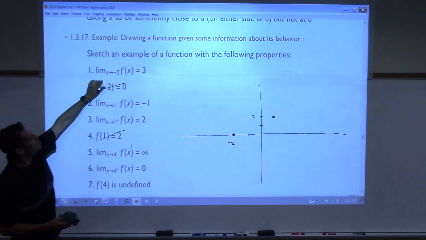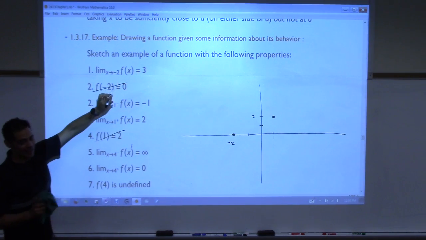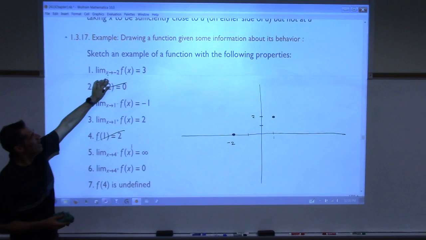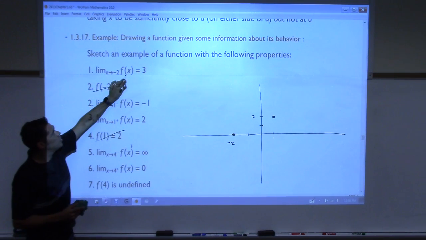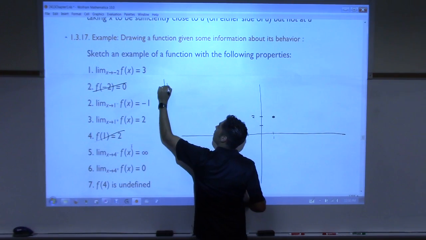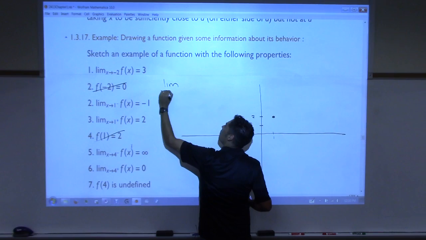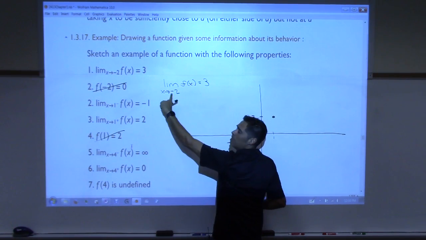As we approach -2, it's coming from the left, that's why I gave you this. As I approach -2, the function's approaching 3. Now I need to write that a little different so you can be clear. That's what that first part is, right?